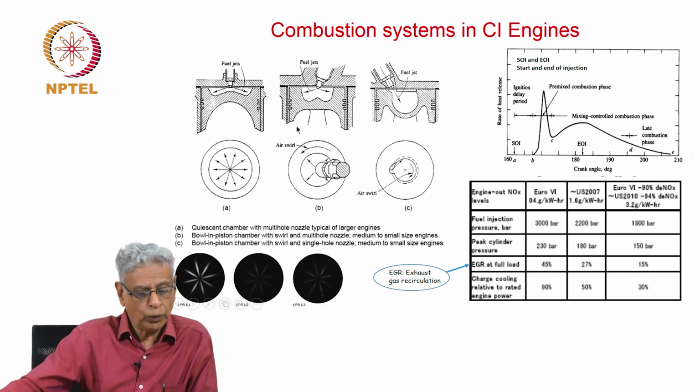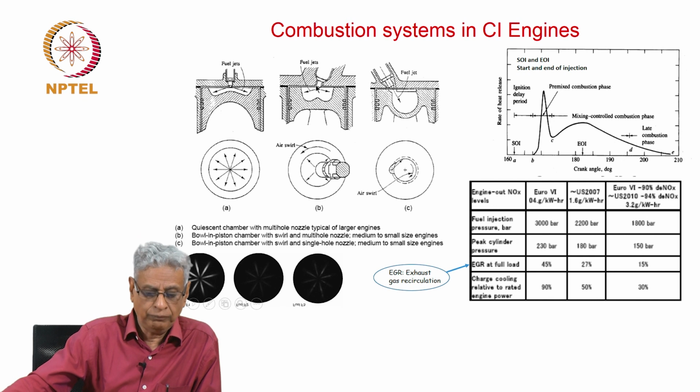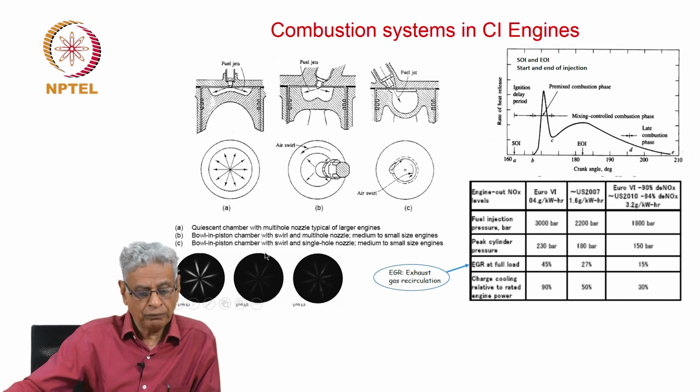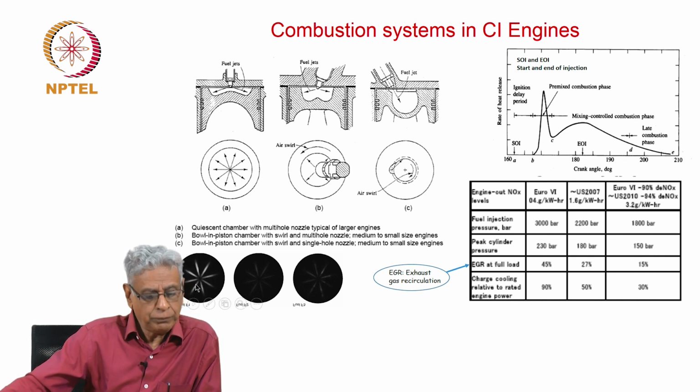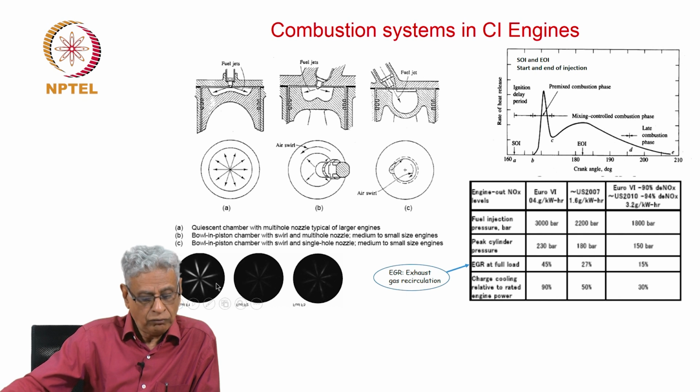Then you have also bowl and piston chamber with swirl and multi-hole nozzle, typically used in medium to small engines, and there is a bowl and piston with swirl and a single hole injection. This is used in medium to small engines. You will see this picture contains the way the jets come out and burn inside the combustion chamber at various times.